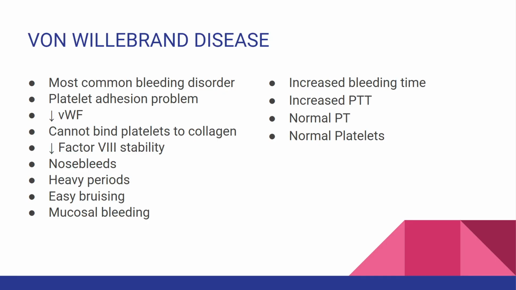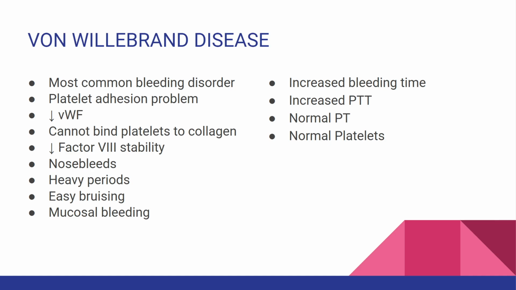You should also note that the ristocetin cofactor assay is abnormal. And for treatment, you use desmopressin, which can help boost functional von Willebrand factor levels. So that's just something to keep in mind.